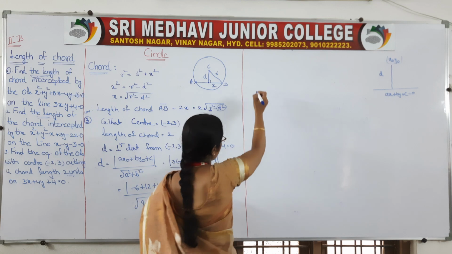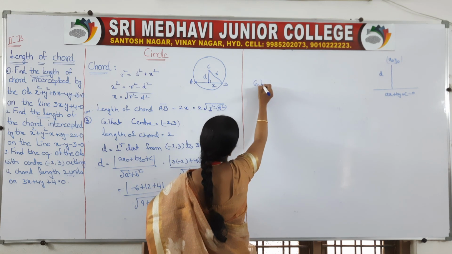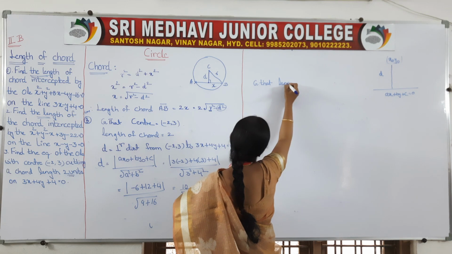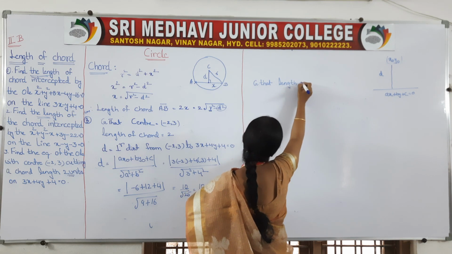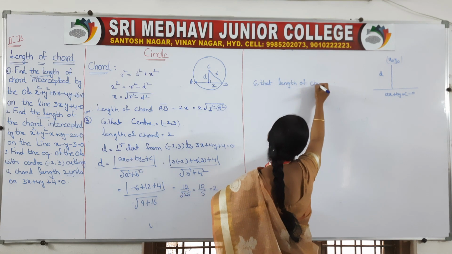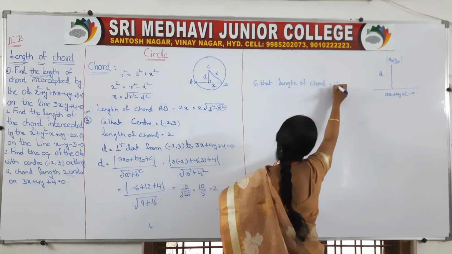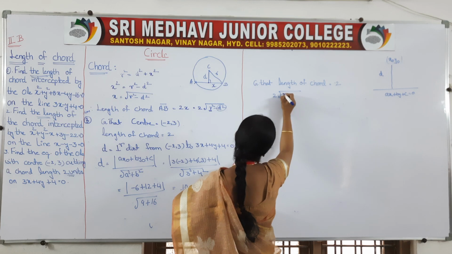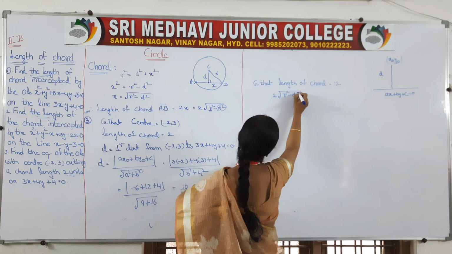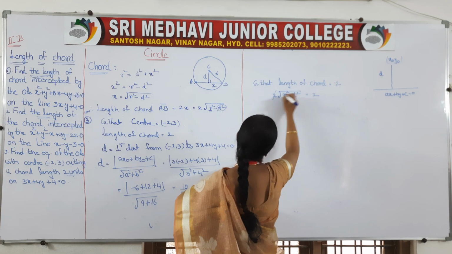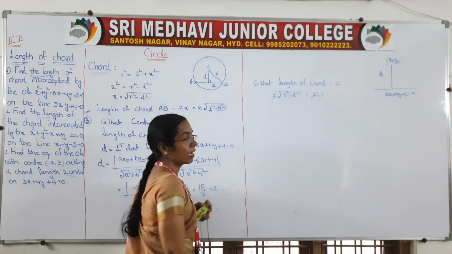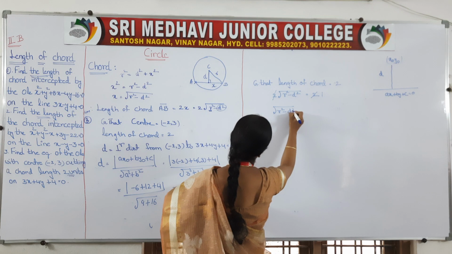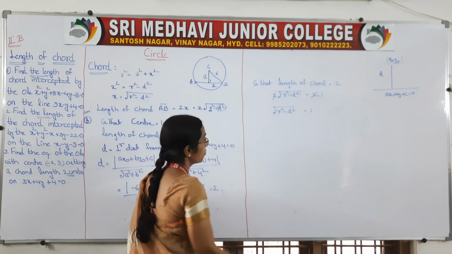But what is the given information to you? The length of the chord is given as 2 units. What is the formula for the length of the chord? 2 into root of r square minus d square is equal to 2. Cancelling the 2, it is root of r square minus d square is equal to 1.